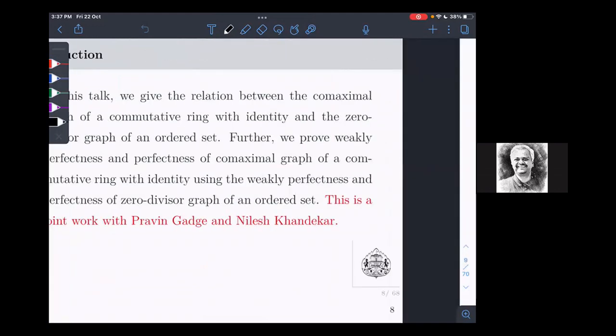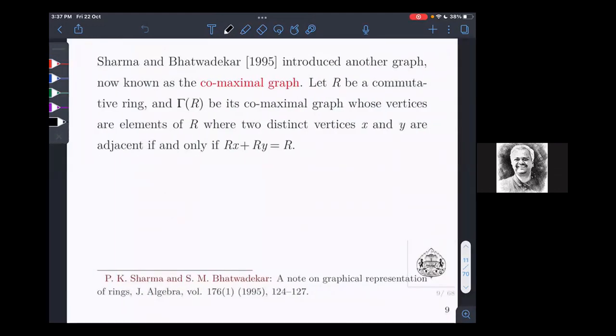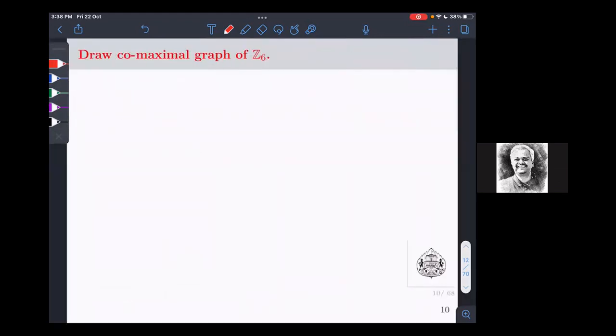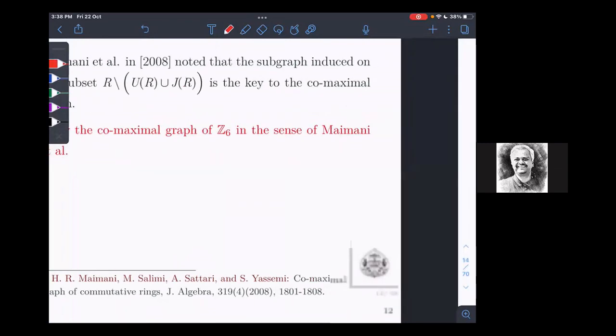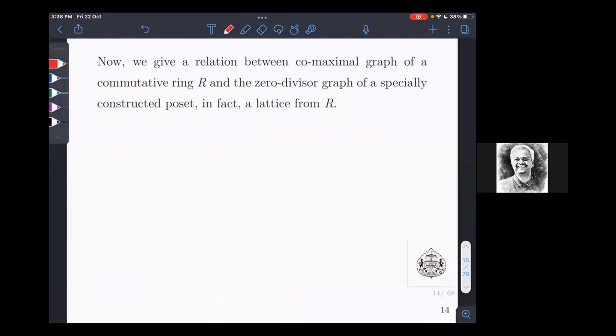And we observed that the co-maximal graphs are weakly perfect due to this result is due to Sharma and Bhatodekar. Okay, and the adjacency is known to you. This is what the adjacency. Ideal generated by X plus ideal generated by Y is whole ring R. Then we will say that X and Y are adjacent. That was the adjacency. Then what we did, we drew some examples of co-maximal graphs and all whatnot.